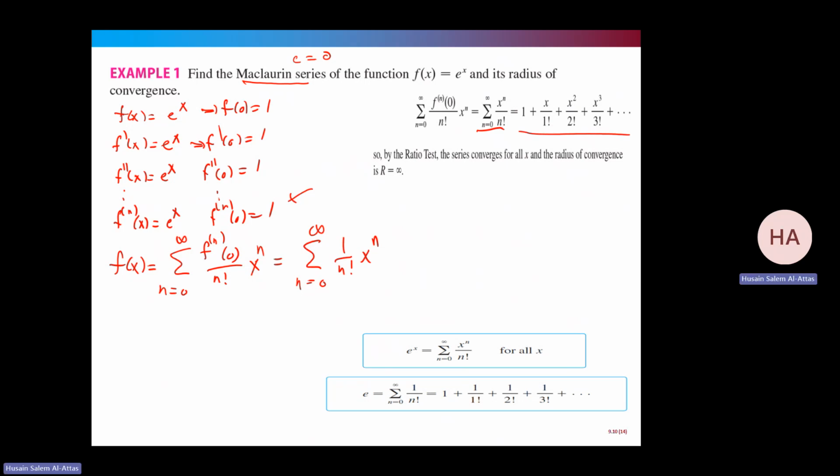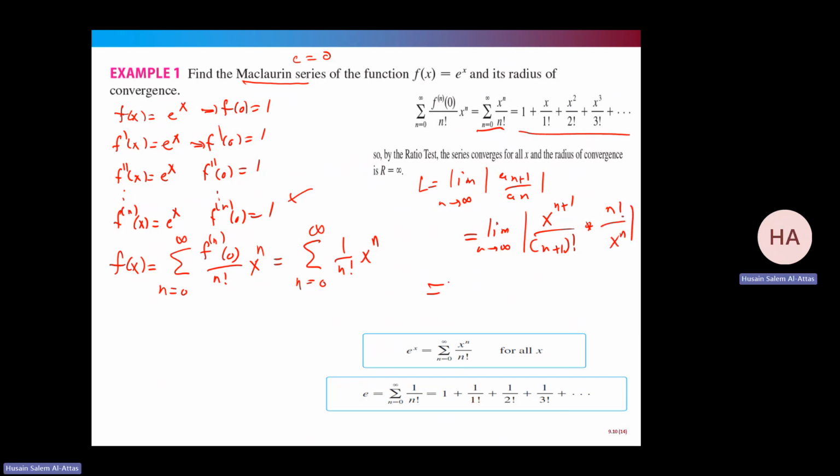What will be the convergence of this? If I do the ratio test, the limit of a_(n+1) over a_n as n goes to infinity is the limit of x to the power n plus 1 over (n plus 1) factorial, times the reciprocal of this.